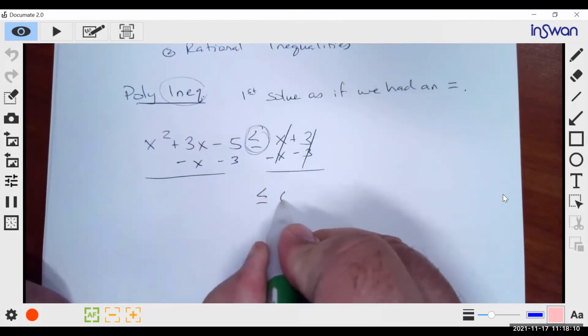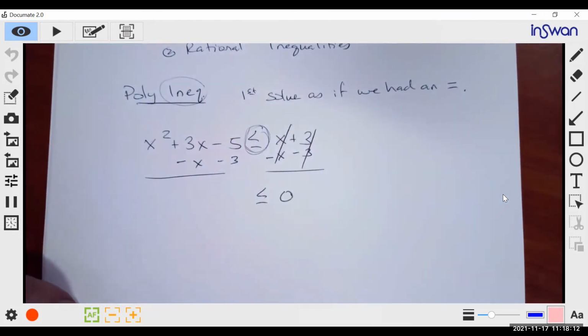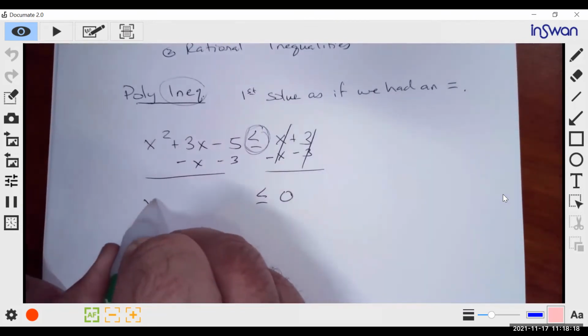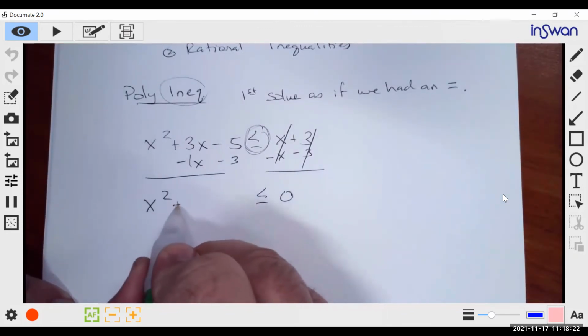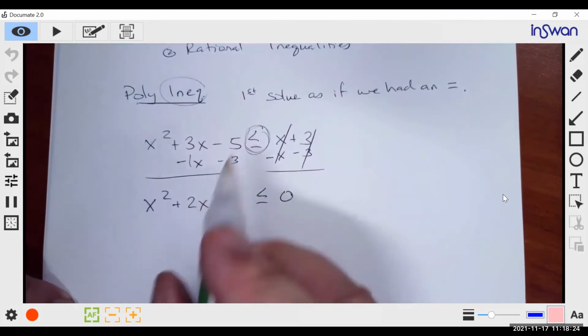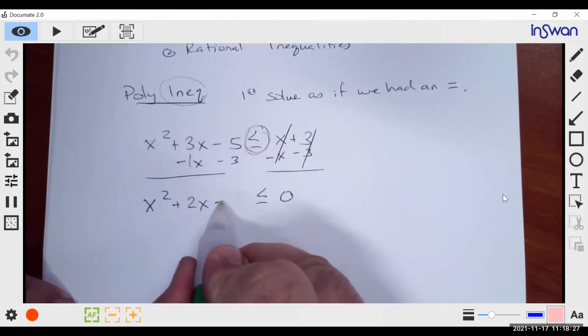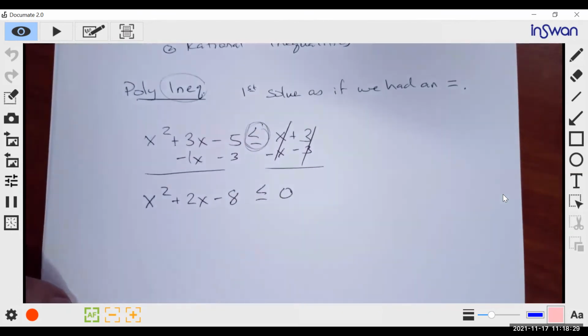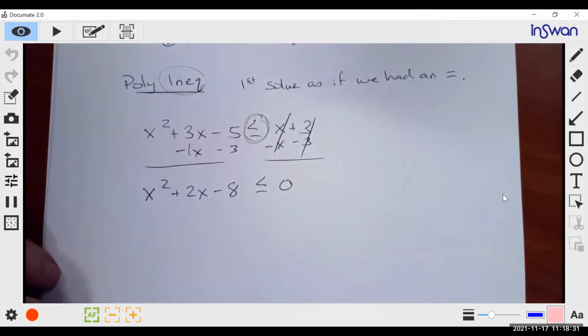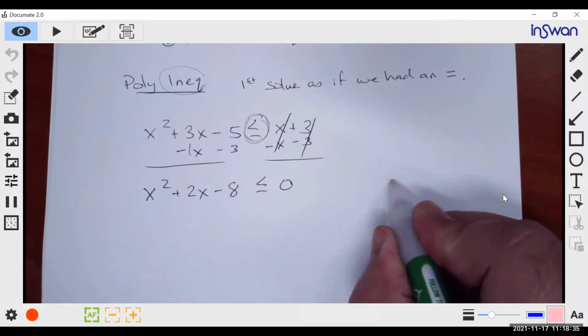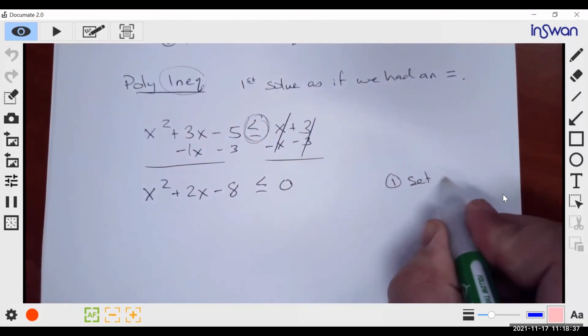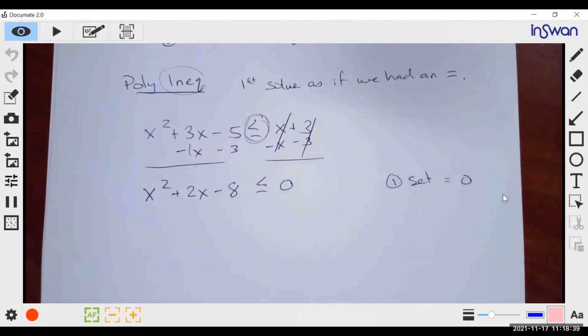Like polynomials, it has to equal 0. Positive 3 minus 1 is positive 2x. Negative 5 minus 3 is negative 8. So that's the first step. Set equal to 0.